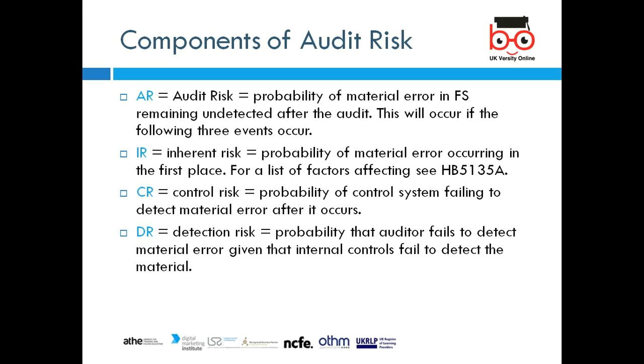Inherent risk: the probability of a material error occurring in the first place, with a list of factors affecting it. So you did not really observe it. Control risk: the probability that the control system is running appropriately. Did you check it? You can say, can anyone clock in please?